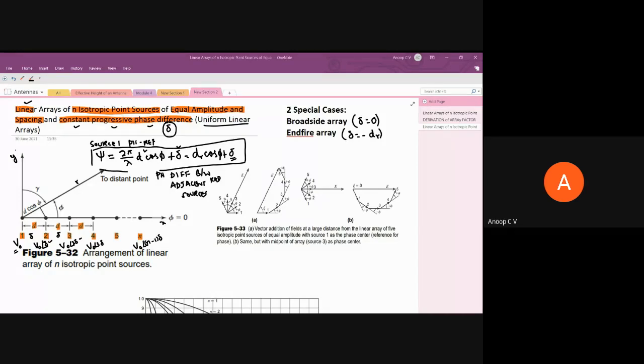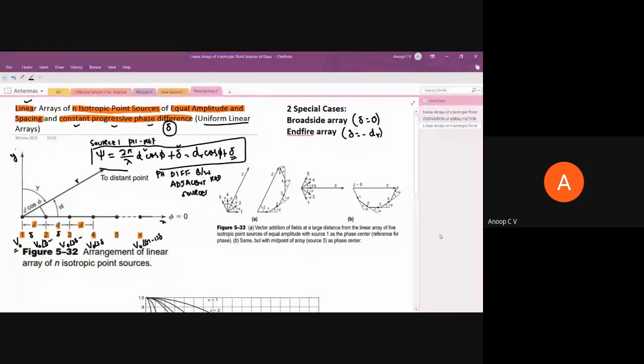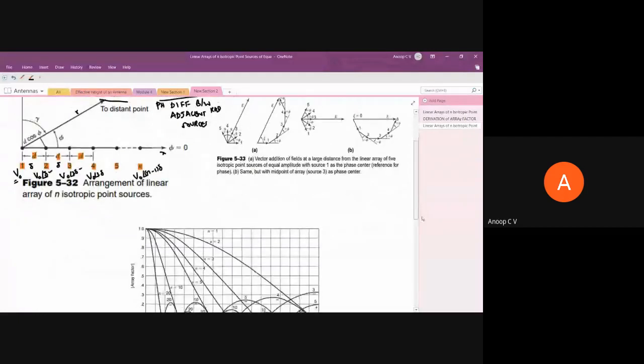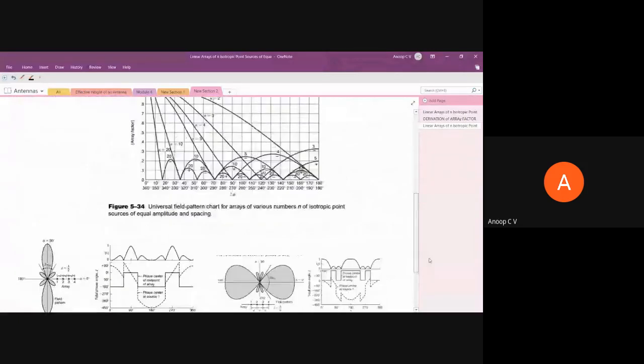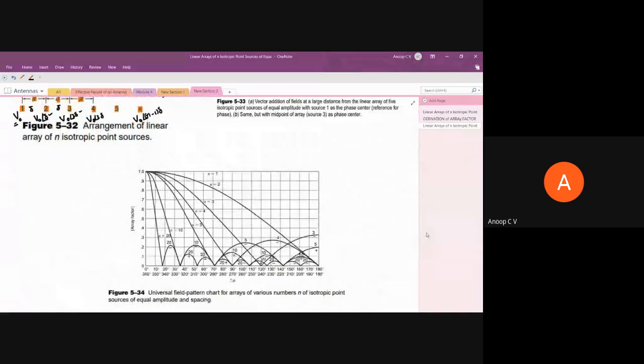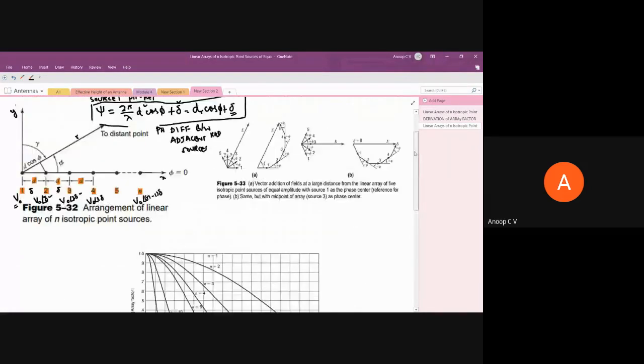So now we are going to find a general expression, right? As we have done for the array of two isotropic point sources, we are going to find a general expression. Now, if I show these things, you may be wondering what they are, but no problem.